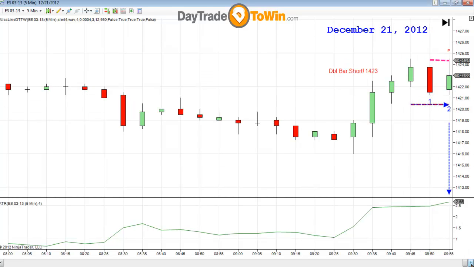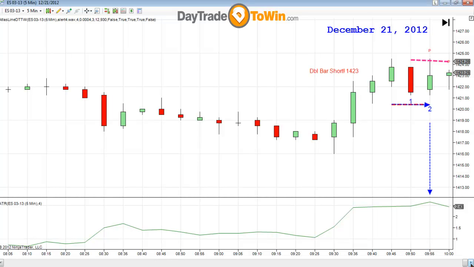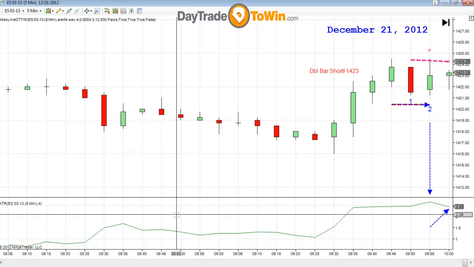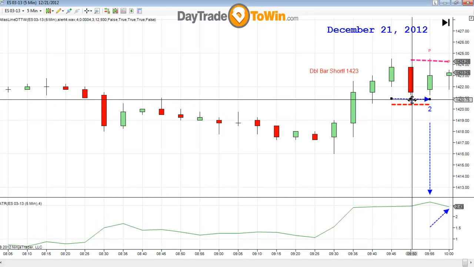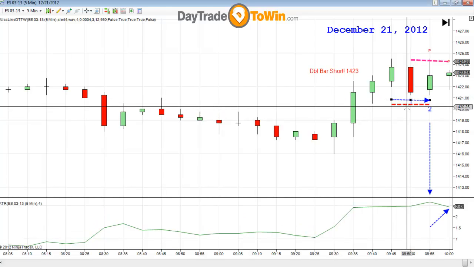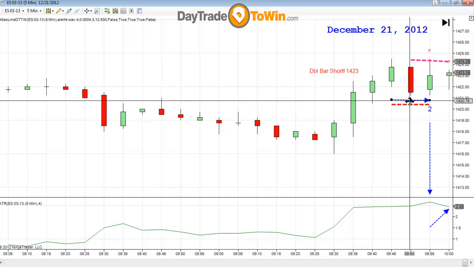Okay. So now you have this. And this moves. The next candle after it closes is smaller, and therefore it reduces the ATR by a tick. So instead of me looking at 2.5 points, I'm now looking at 2.25 points. So now what I'm doing is I'm managing the trade.